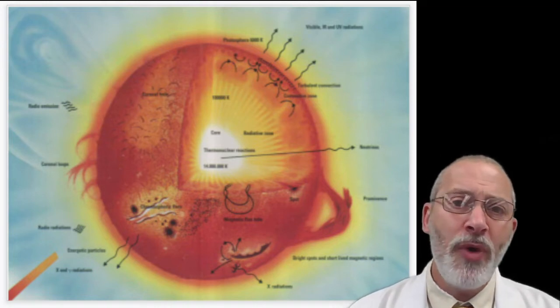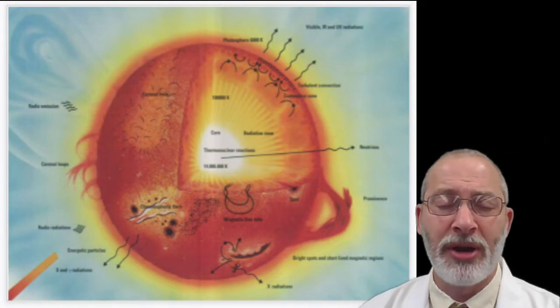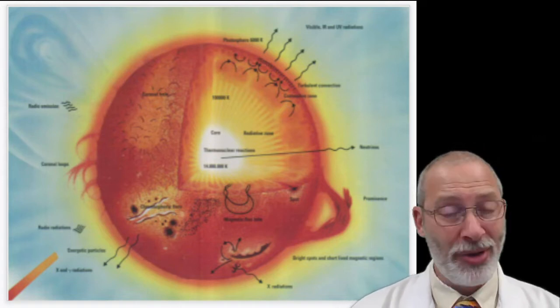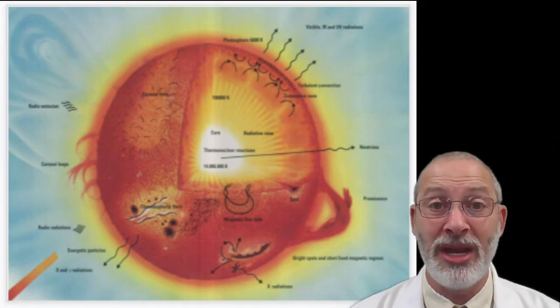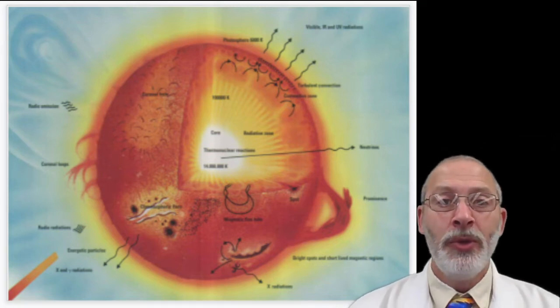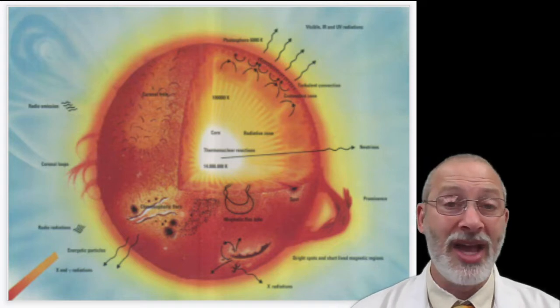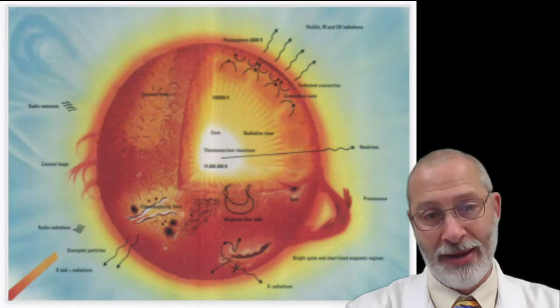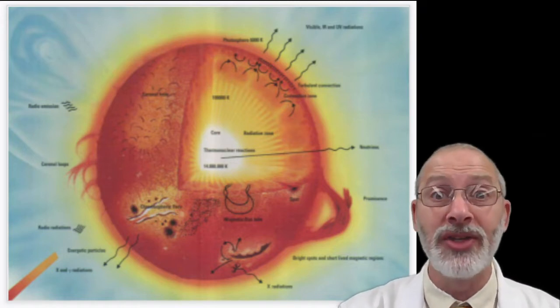But a lot of what we know about the structure of the sun comes from scientific experimentation and hypotheses here on Earth. No, we've never taken a sample of the sun because the sun is made of plasma, which is the fourth phase or state of matter, and it has such high energy, we wouldn't even be able to bring a sample of it back to the Earth. That would just be impossible.